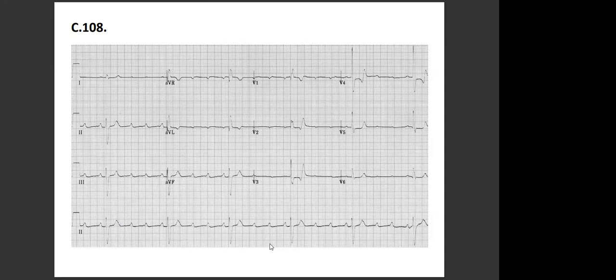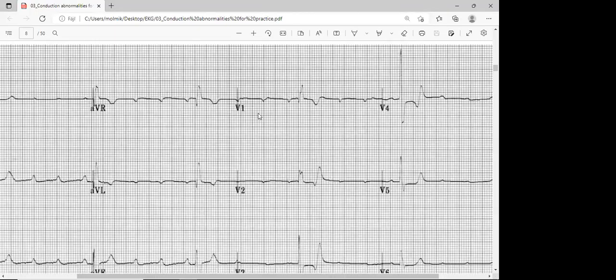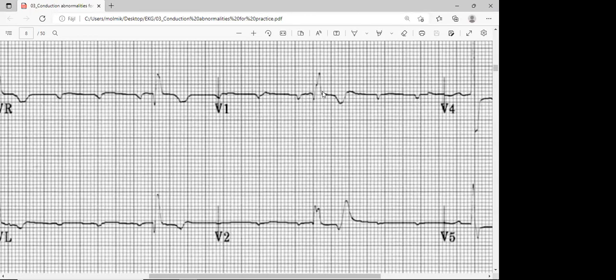All right. Let's see the next one. And we haven't finished yet, because of the QRS complex. Look at the QRS complex. I magnify this QRS complex. Look at V1.